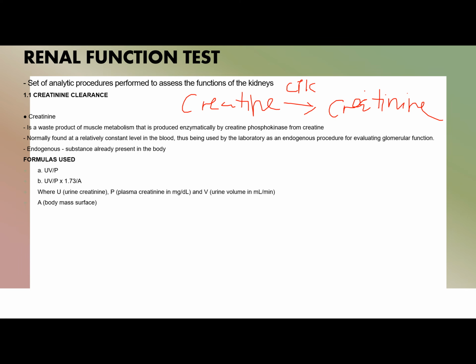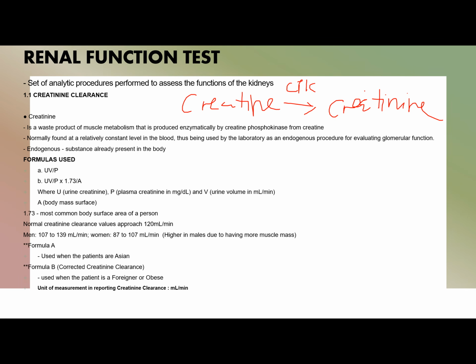Now, for creatinine clearance, class, merong dalawang formula. I want you to take note of this. There are two formulas for creatinine clearance. The first one is U times V divided by P, where U stands for urine creatinine, V stands for urine volume in ml per minute, and P is plasma creatinine in milligram per DL.